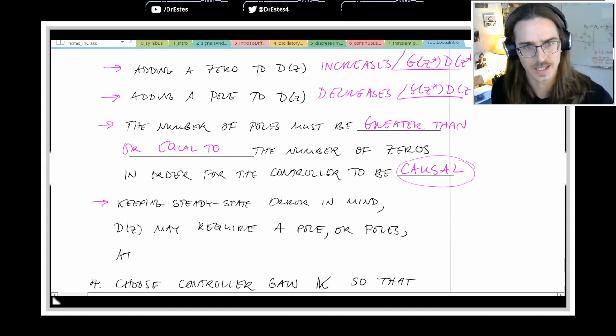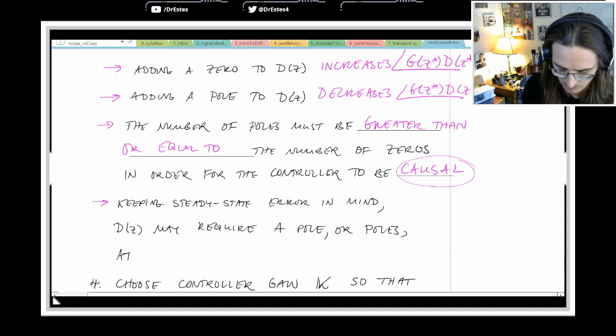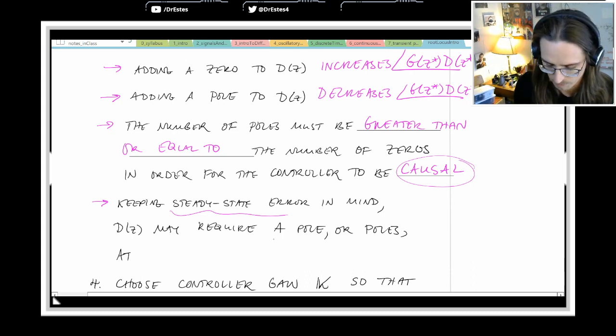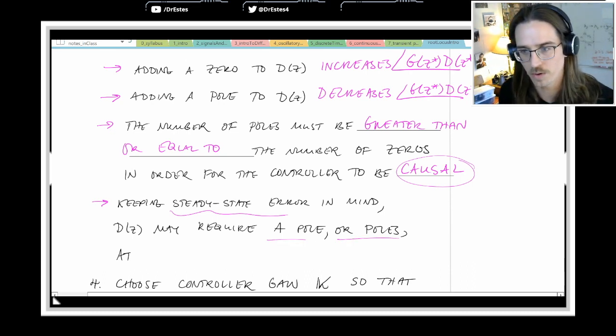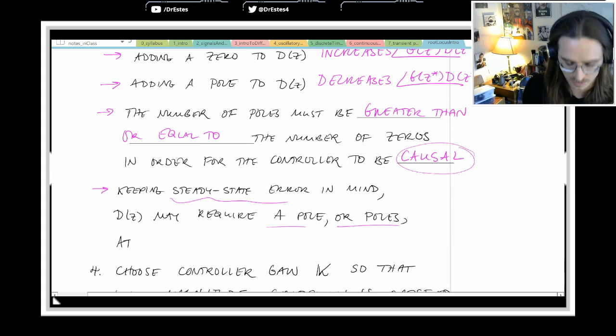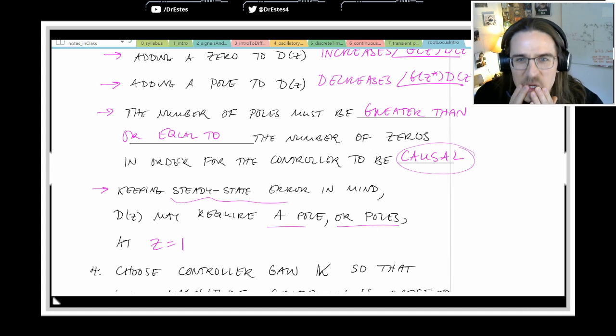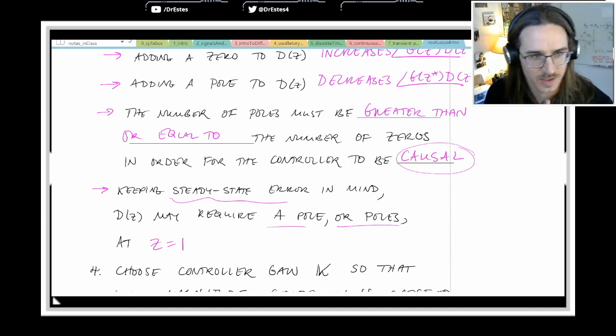Okay, the last thing. Keeping steady state error in mind, D of Z may require a pole or more than one pole at Z equals 1, as we know. Your controller shouldn't be paracausal, paranormal, a ghostly controller.